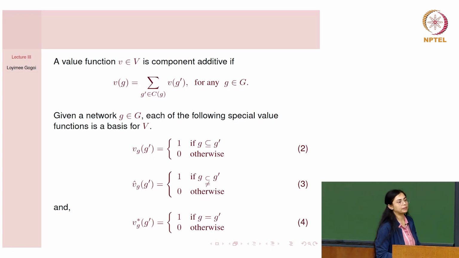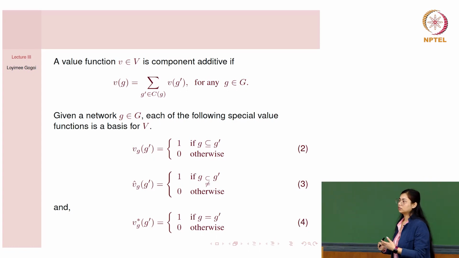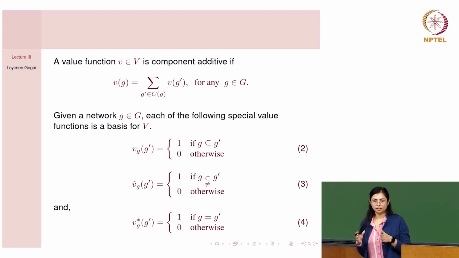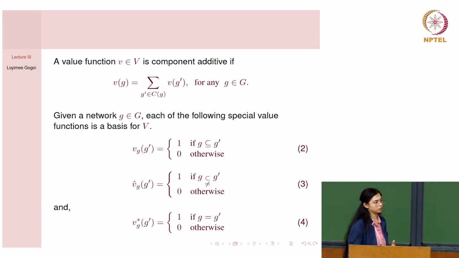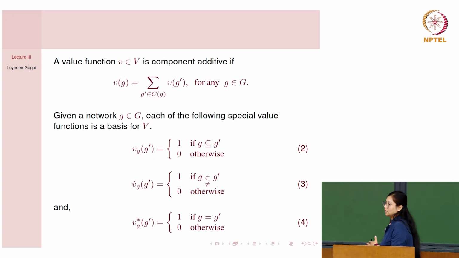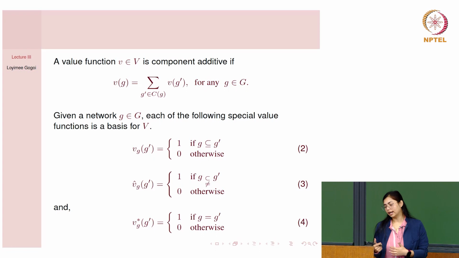As you remember, yesterday we talked about how the class of all cooperative games on the player set N is a linear space. We talked about the unanimity games, that's the basis, and the dimension is 2 to the power n minus 1. Here we have a similar result.